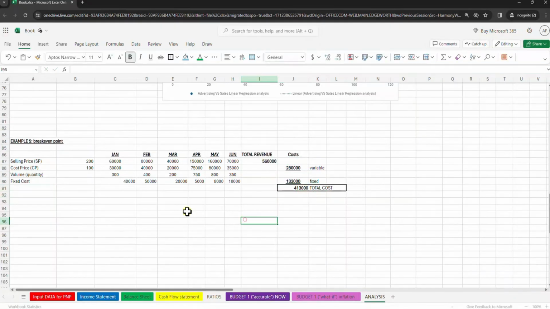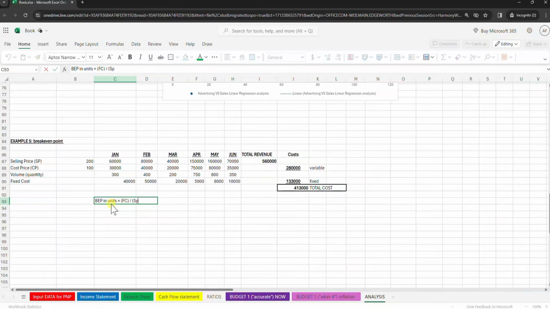Okay. All right, so break-even point in units would be fixed costs divided by selling price minus variable costs, or cost price, the contribution margin.